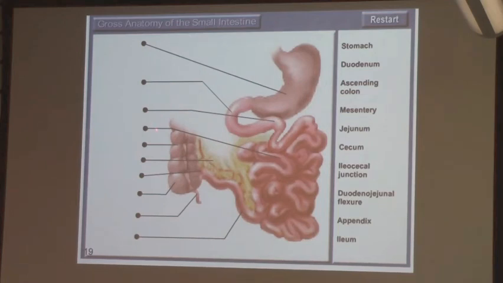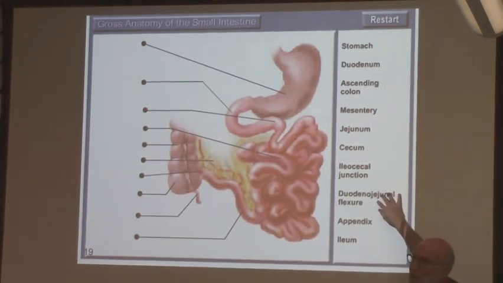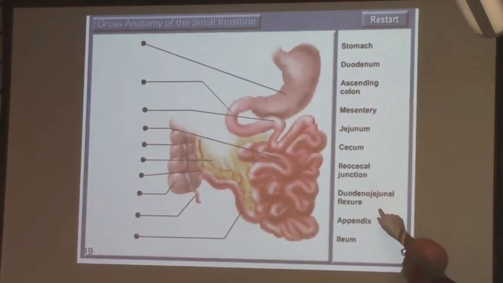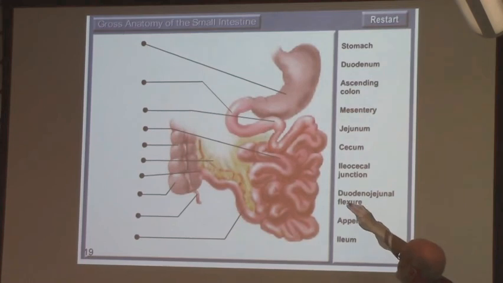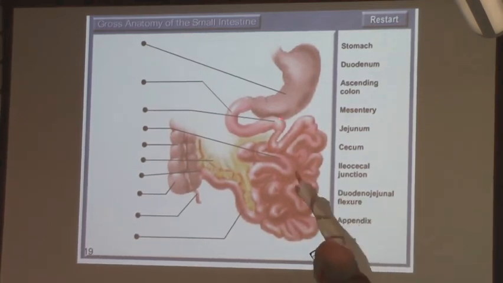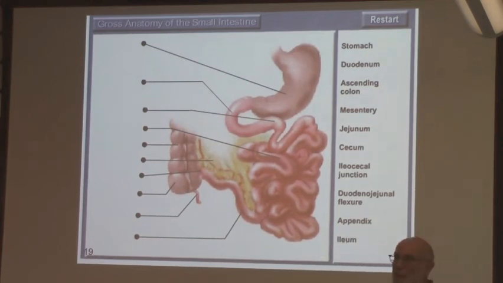The duodenal jejunal flexure? That would probably be right here. Yes, but this is not a name that I would expect you to know. I didn't teach you that. It's not on the key concepts list. The duodenal jejunal flexure would be the joint between the duodenum and the jejunum, so right there. I would not test you on that.